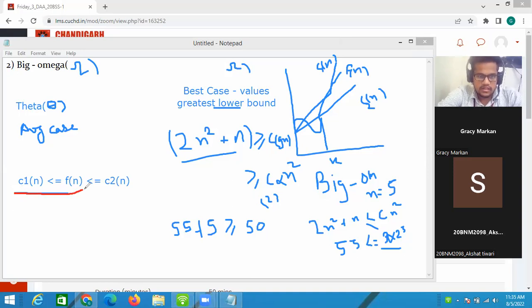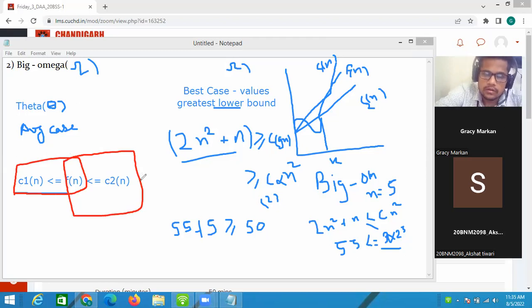This area is going to tell you the maximum value, and this area is going to tell you the last point, the greatest lower bound.